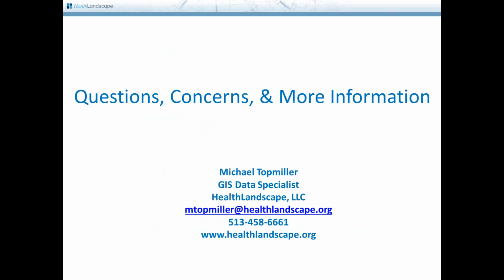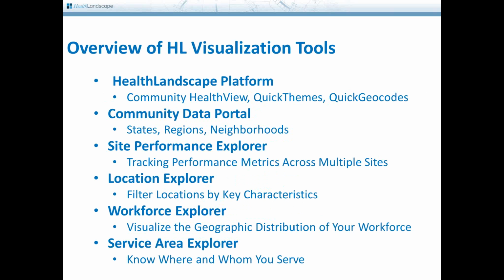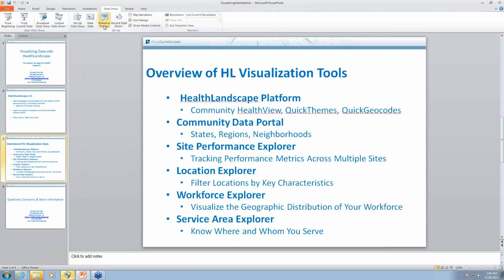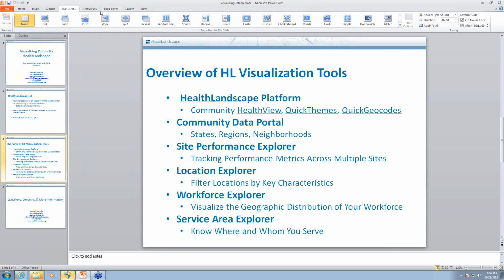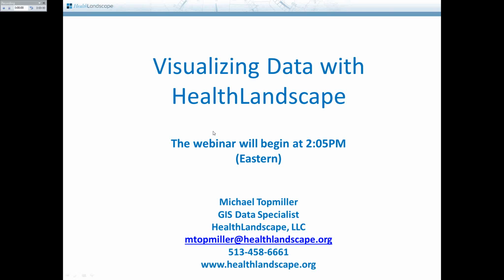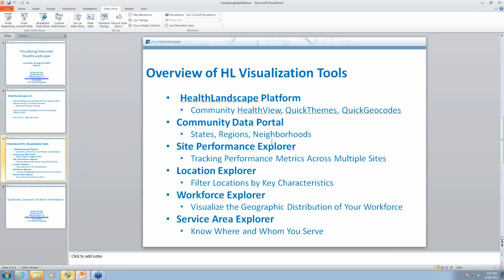Let me give you a little overview of what we're going to talk about today. I'm going to start with the HealthLandscape platform and then show you a few of the tools that are constant throughout most of our sites.